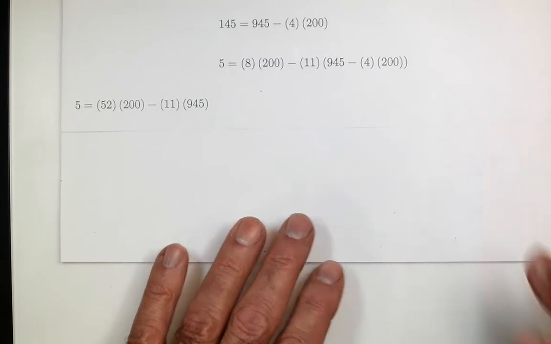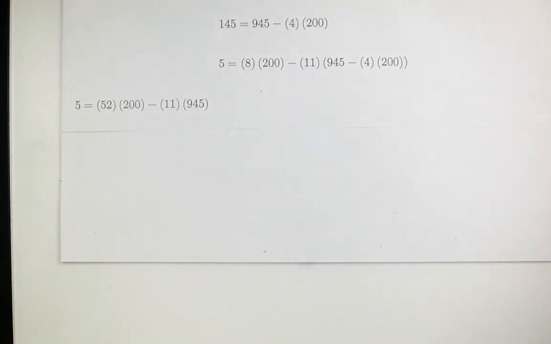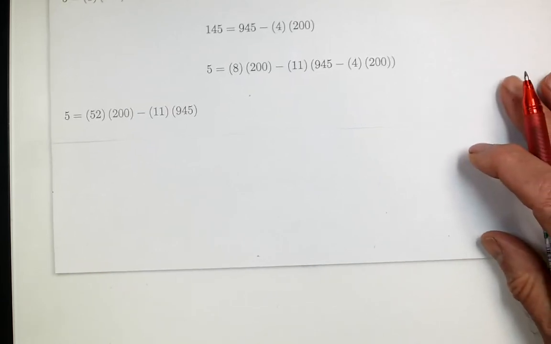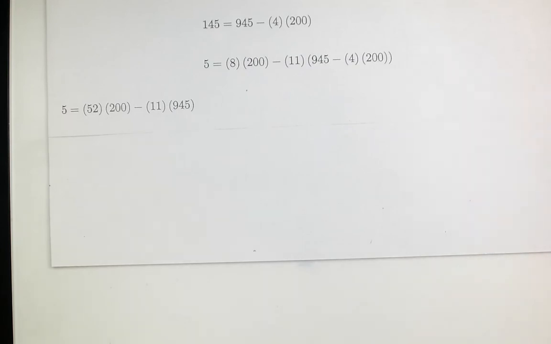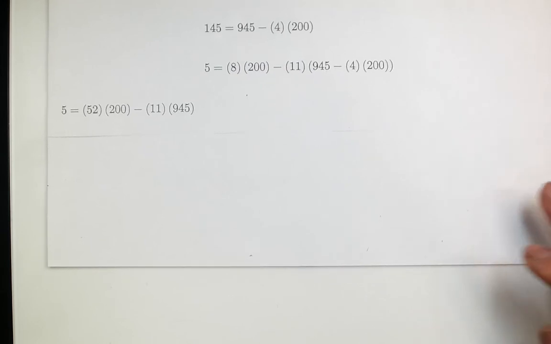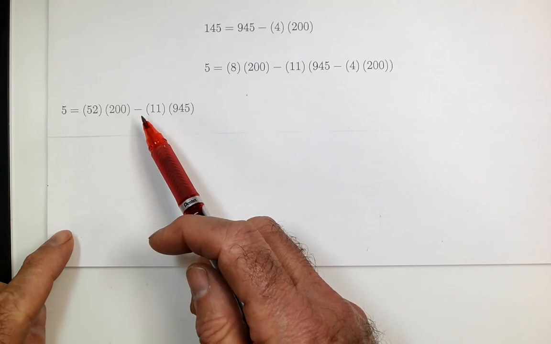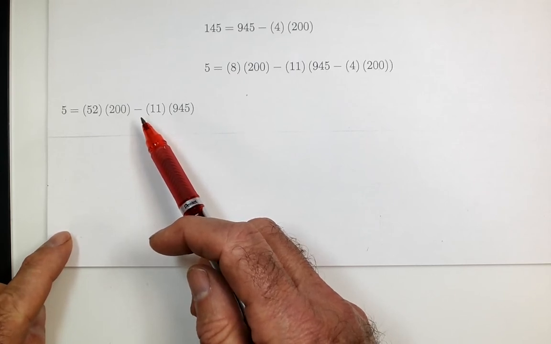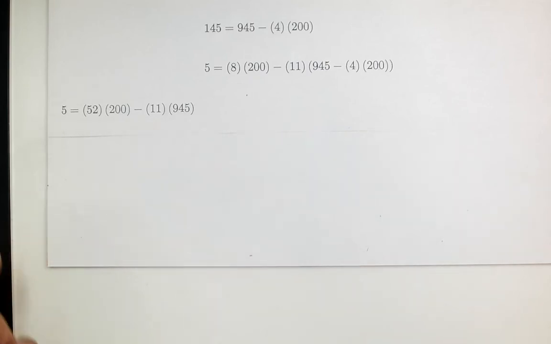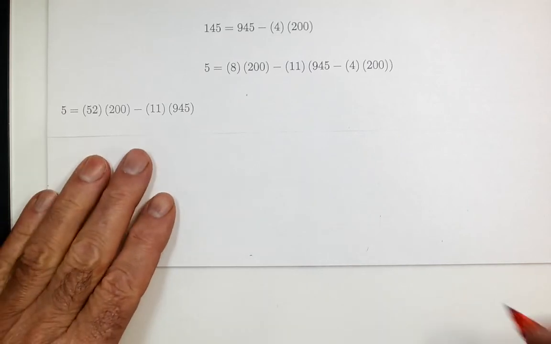Are we done? No, we're not. There's something that we have to be very careful to do. This is important. It doesn't seem like it's all that important right now, but it really is important. We have to take this equation and rewrite it so that it fits the exact form of the original equation, ax plus by equals the greatest common divisor of a and b.